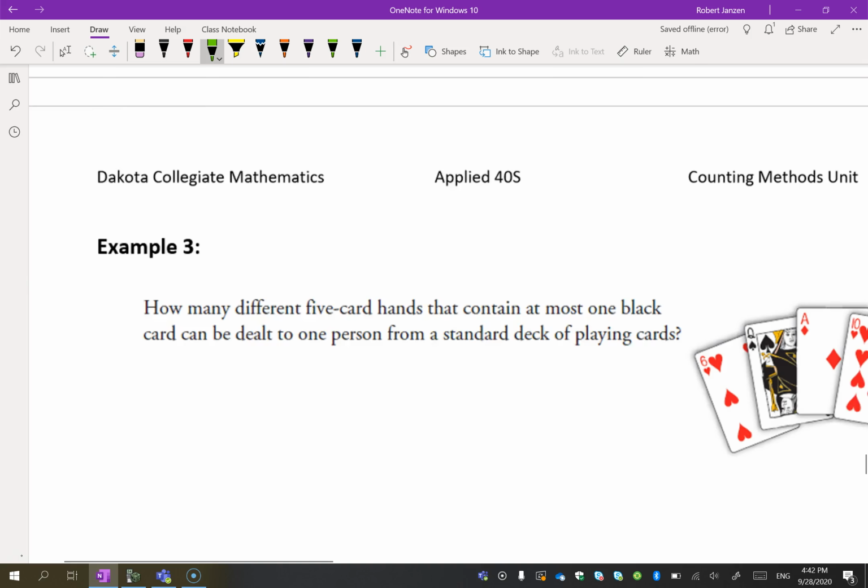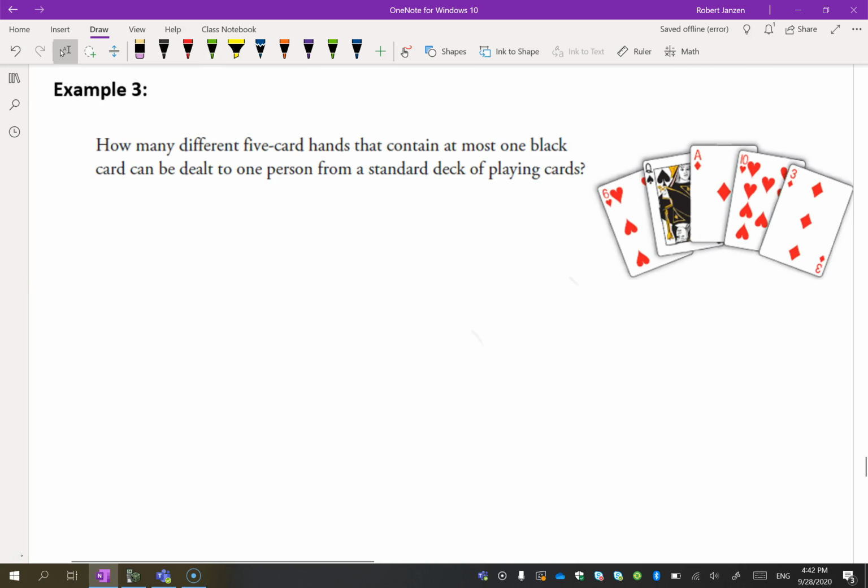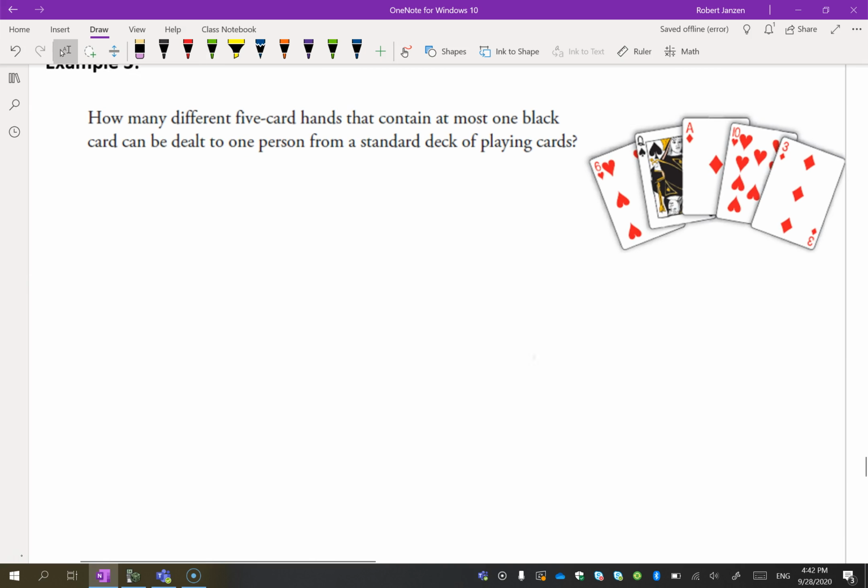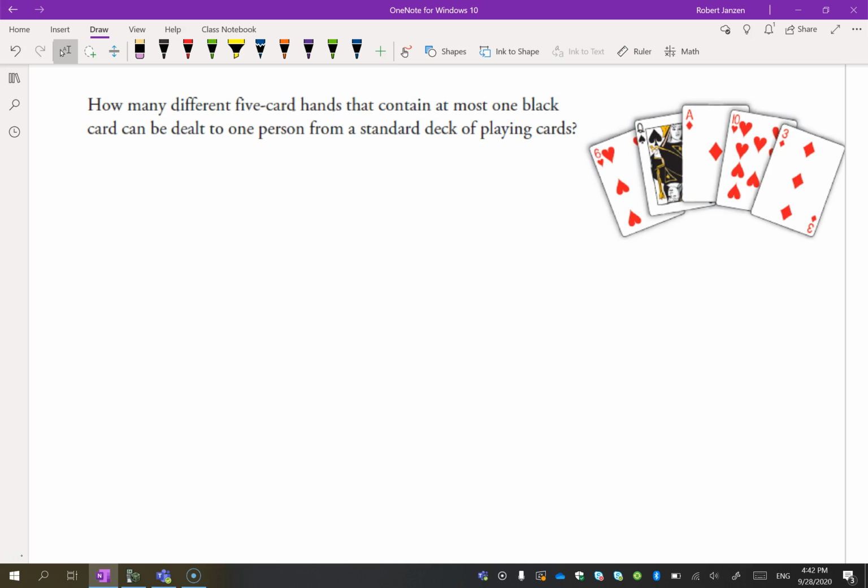Okay, last example. How many different 5-card hands? Okay, so I just like to give myself a visual. 5-card hands that contain at most one black. At most one. Okay, so if here we see a picture of 1. Could there be 2 black cards?